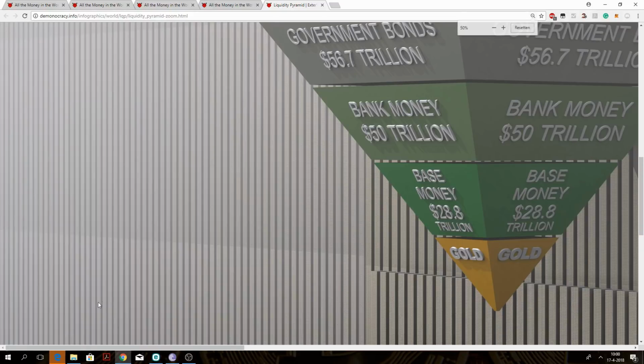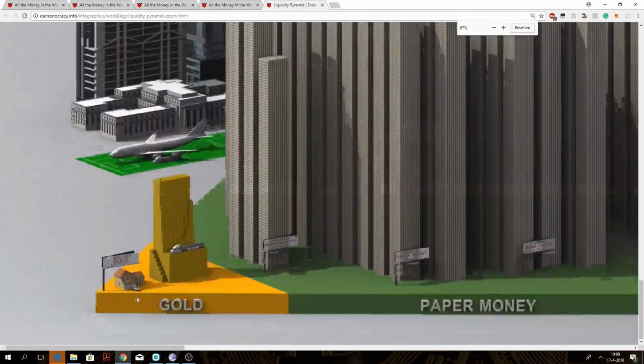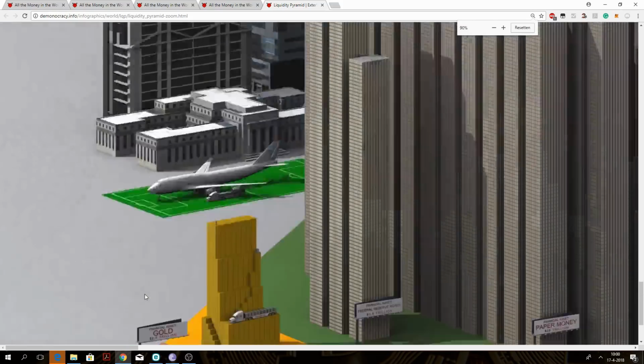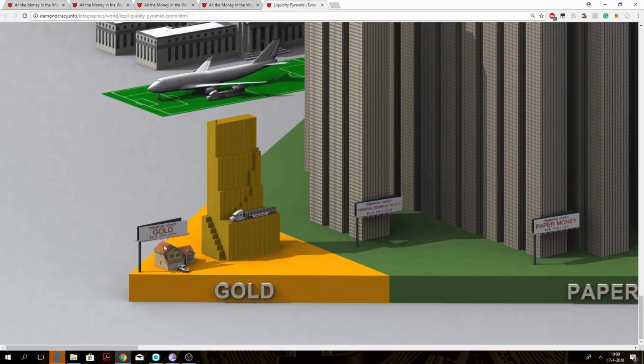Now let's zoom into gold. So we're going to zoom to gold. There we go. This house on the left, this should approximately visualize how much money is currently sitting in crypto.